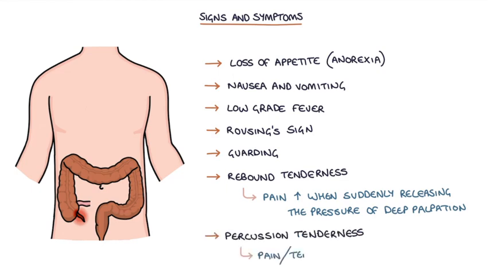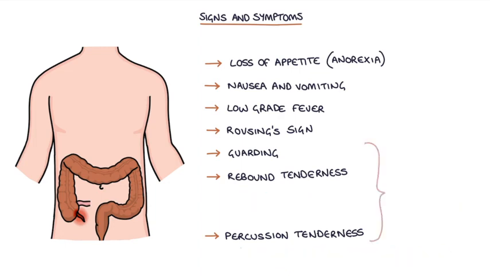This is pain and tenderness when percussing the abdomen. Rebound tenderness and percussion tenderness suggest peritonitis, which is inflammation of the peritoneal lining, potentially indicating a ruptured appendix.